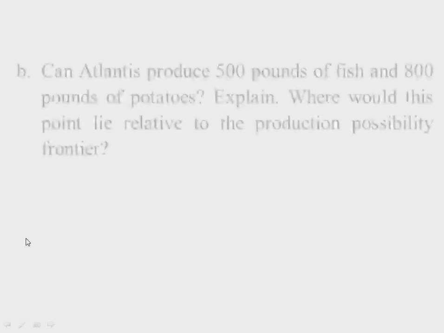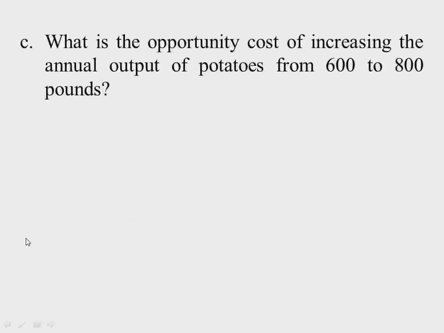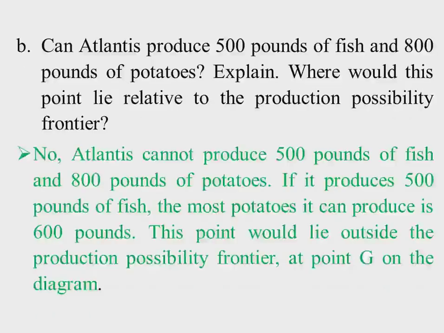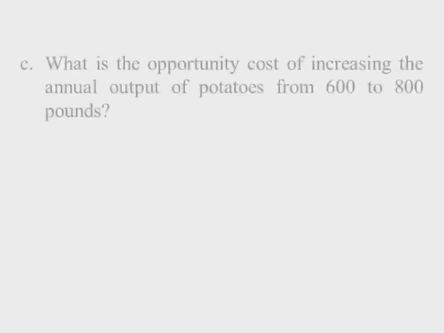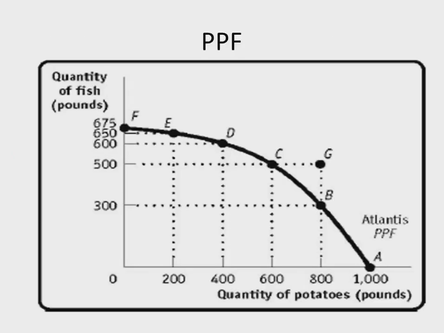The next question is, what is the opportunity cost of increasing the annual output of potatoes from 600 to 800? So for us to increase the production of potatoes from 600 to 800, so we are here.